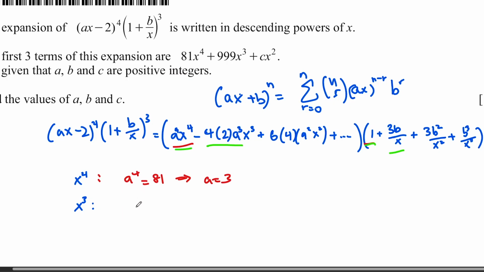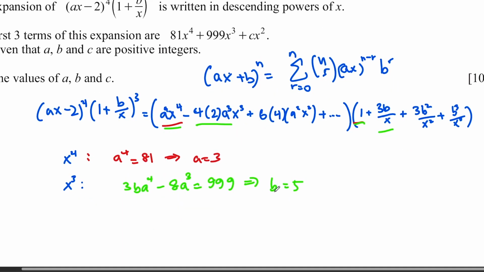So what we have will be 3b a to the power 4 minus 8a cubed equals 999. With this substitution, you should be able to get b is 5. You can just use your calculator. So a equals 3, b equals 5 so far.